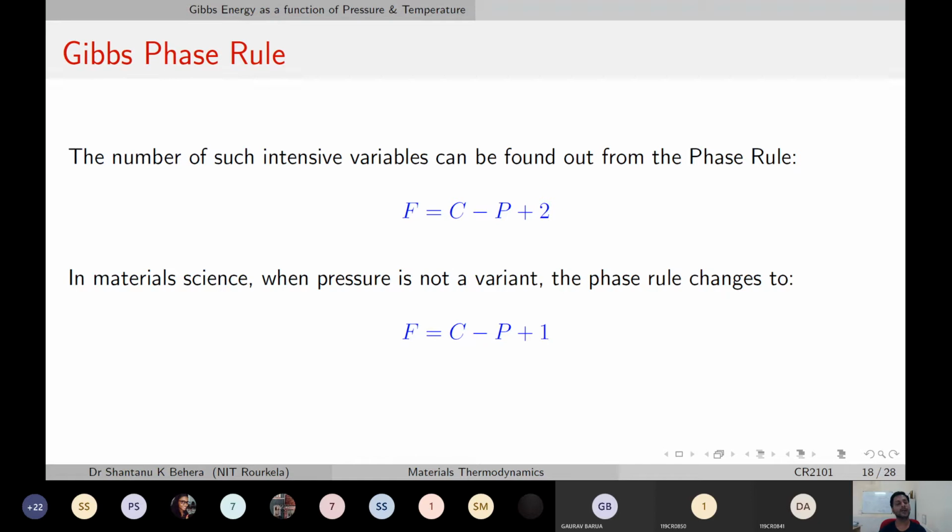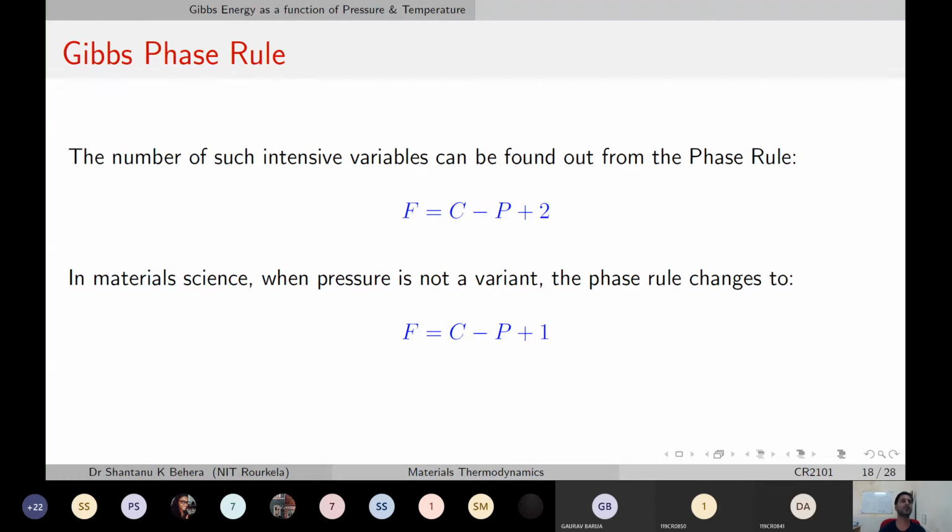But when we talk about multi-component systems, for example, the systems of water and alcohol, or aluminum oxide and silicon dioxide, or aluminum oxide and chromium oxide, or iron and carbon, the phase diagrams of these two component systems are something that we use every day in our work, where pressure is not a variable.